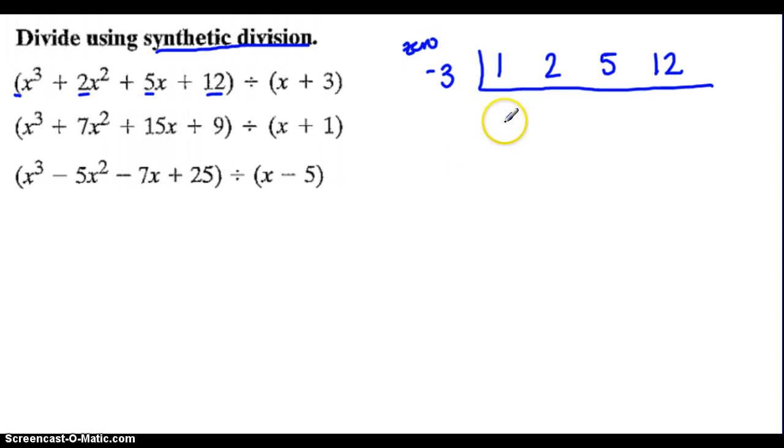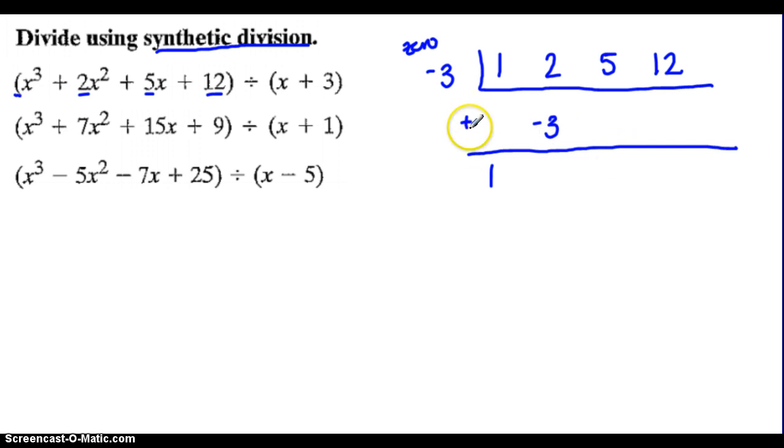What we do then is we start here with our first coefficient, and we always just add 0 to it. So if we add 0, we're just left with 1. The reason we draw the second line is so that we know anything below the second line, we are going to multiply by the 0. So 1 times -3 is -3.